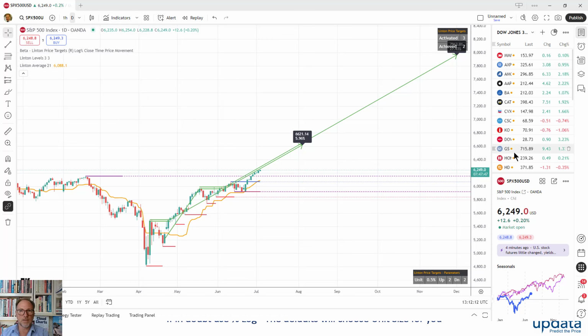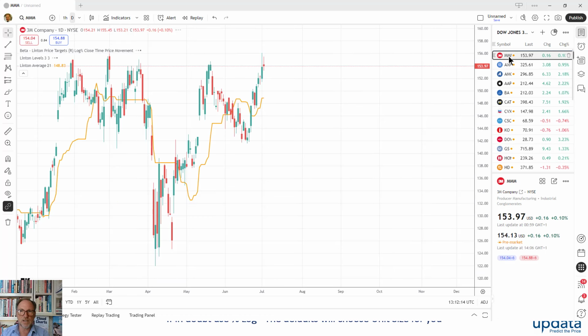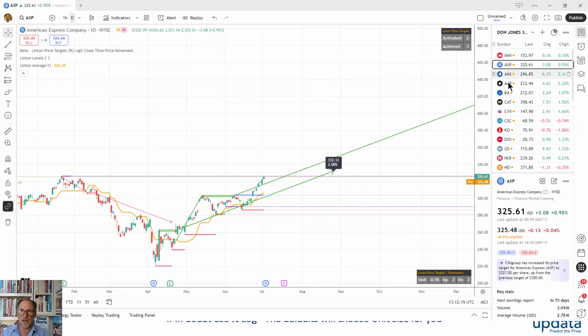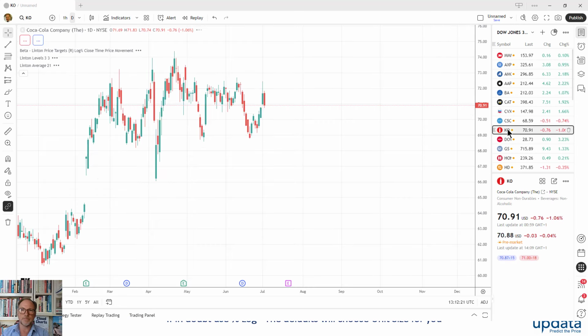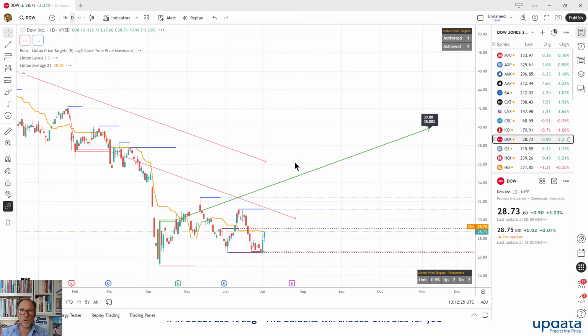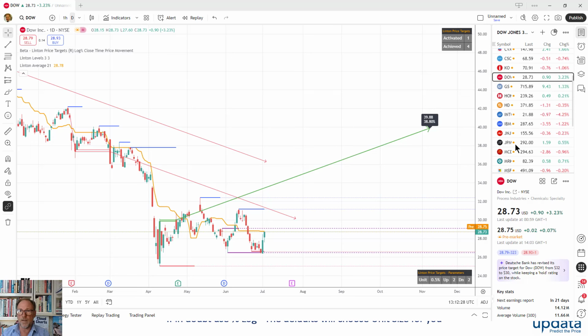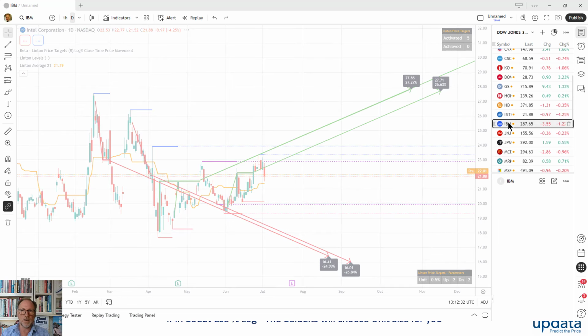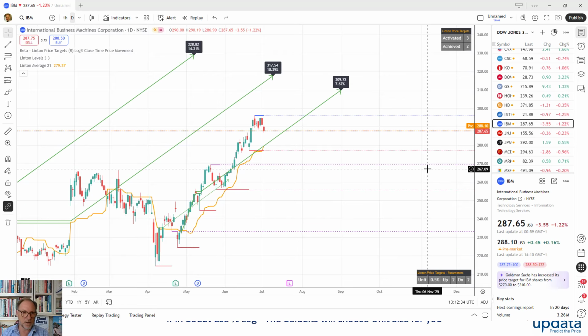I'll just go to the Dow 30. And now you see the power of just using the 0.5% on each chart. We literally go through the list, and it will work out all the targets for you. So it will put the targets on that 0.5% basis. So it's a really good way of running through the charts and quickly putting the targets on.